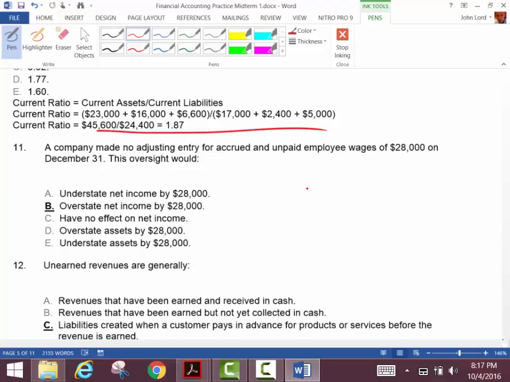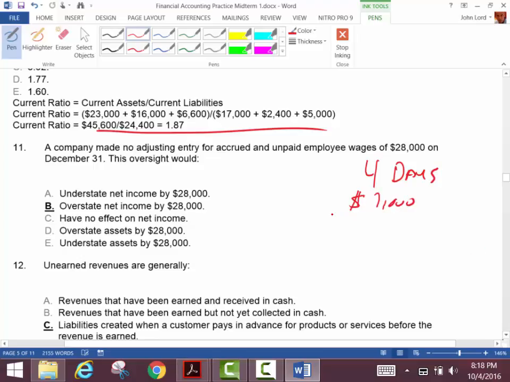So we have to accrue the wages for those 4 days, don't we? December 31st was Thursday. January 1st was Friday, right? So we have to accrue the wages for those 4 days: Monday, Tuesday, Wednesday, Thursday. And so if it's 4 days, and I said the employees make how much per day?